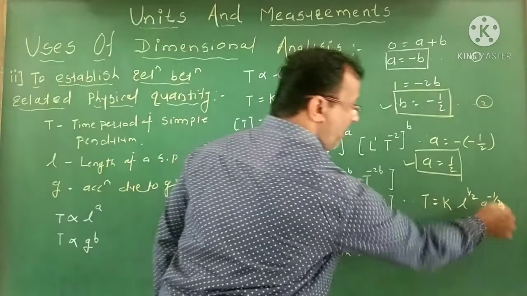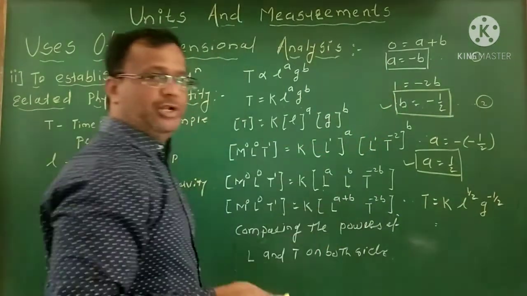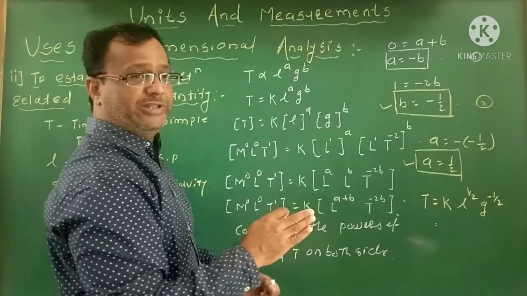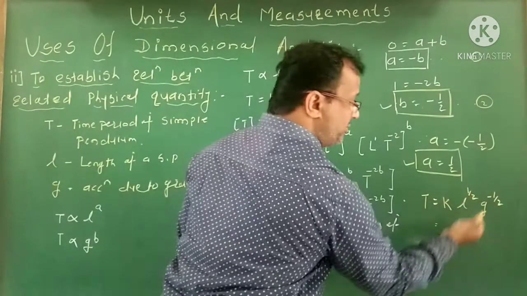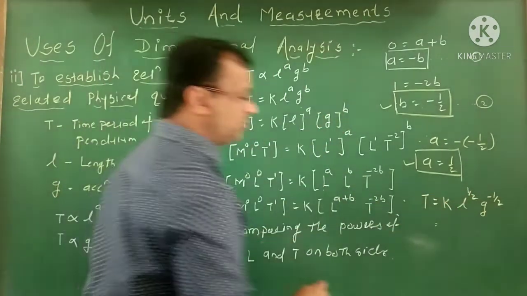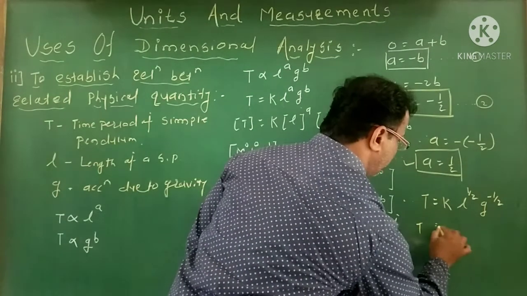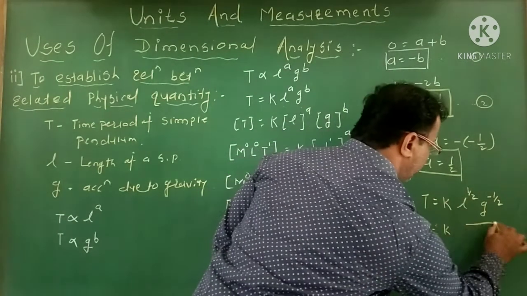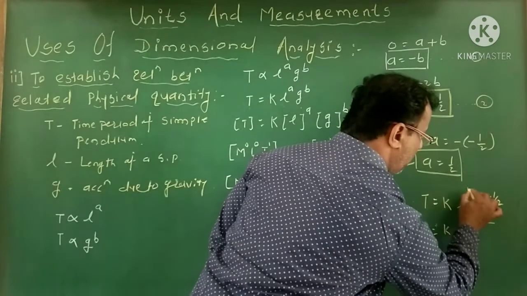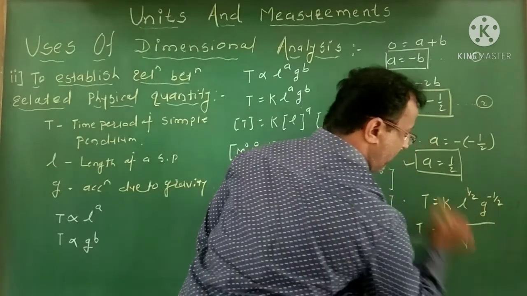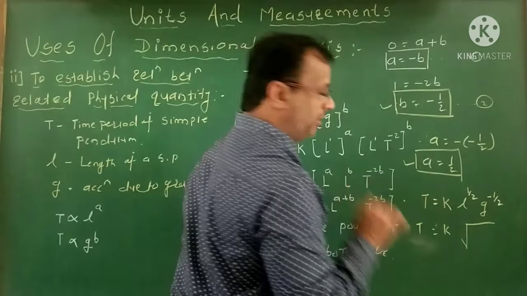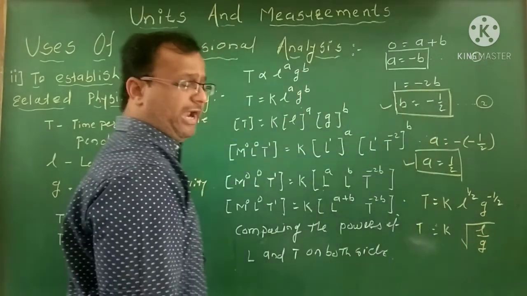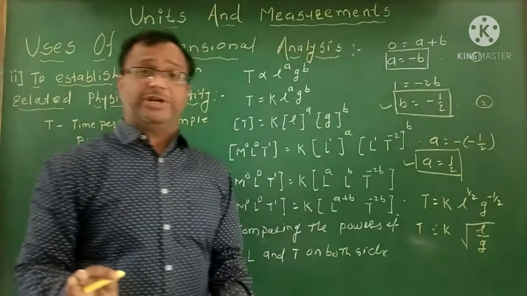Power half means under root, and again this will be the minus. So if we want to avoid that minus sign, then transfer this g to the denominator. So what do we get there? T is equal to, again K as it is, then instead of this half power we write simply under root of L upon g. Right?